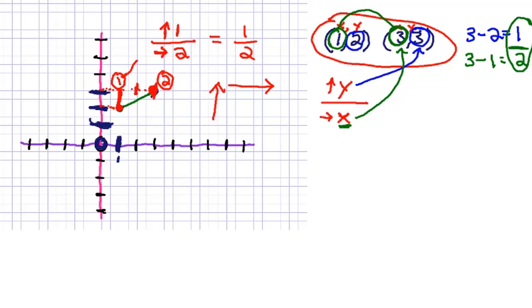Now the algebraic way to write this is, we had the first set of coordinates was 1, 2. That was the first set of coordinates. And the second set of coordinates was 3, 3. That was the end point. That was the second set of coordinates.